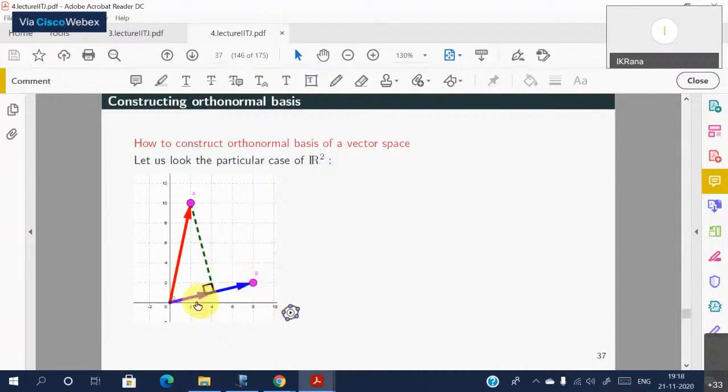So what we are saying is, given two vectors, there is one vector here, one vector here, right? If this is a perpendicular, then this vector will be perpendicular to this vector, and what is this vector? It is this vector minus that much magnitude of this vector.